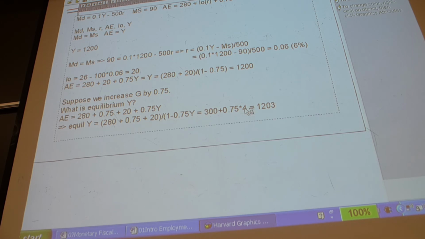Okay, then, next. What is equilibrium R? What is equilibrium R?